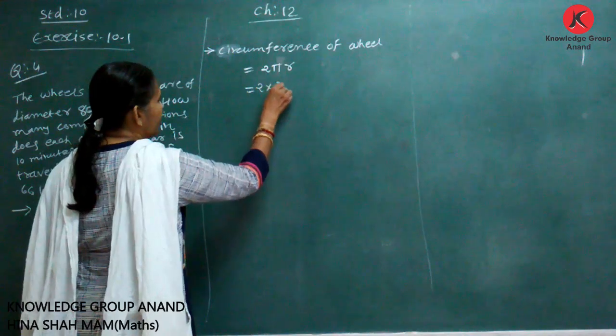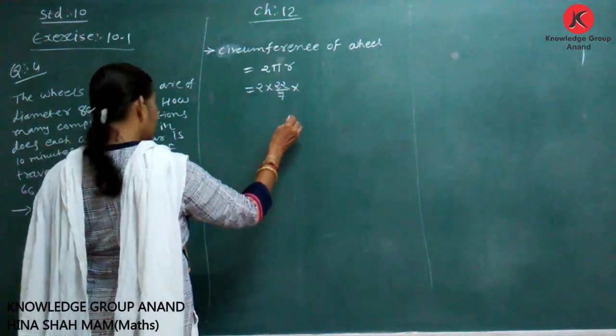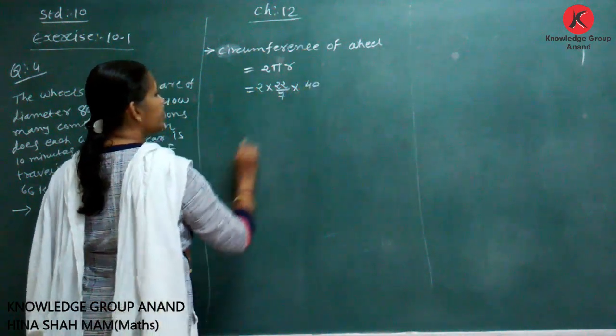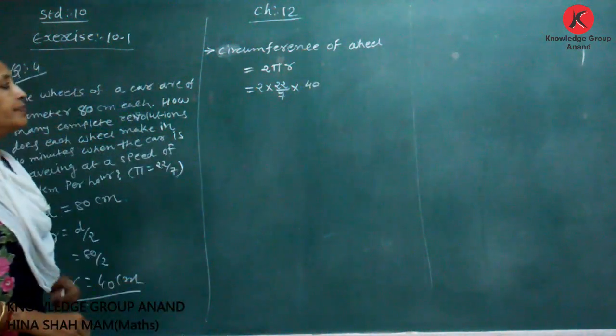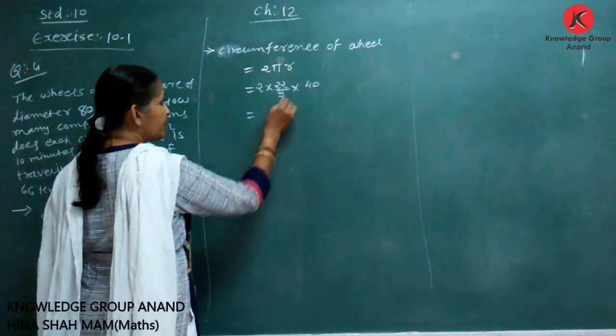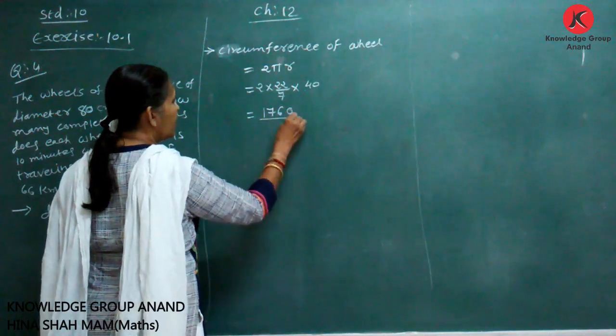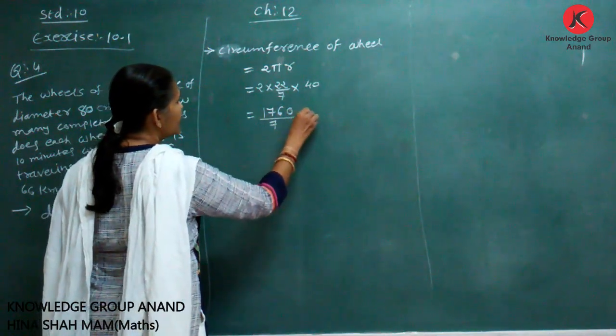2 into 22 by 7 into r, r is equal to 40, is equal to 1760 upon 7 centimeter.